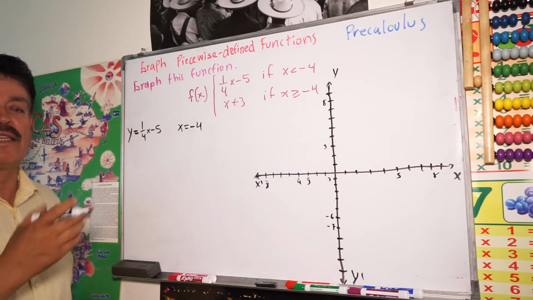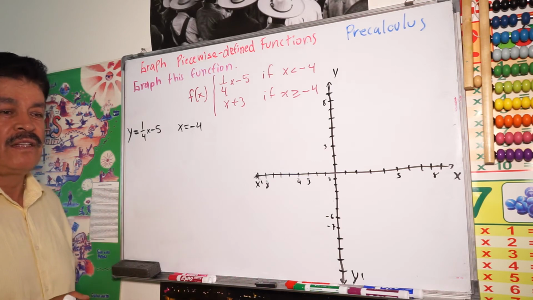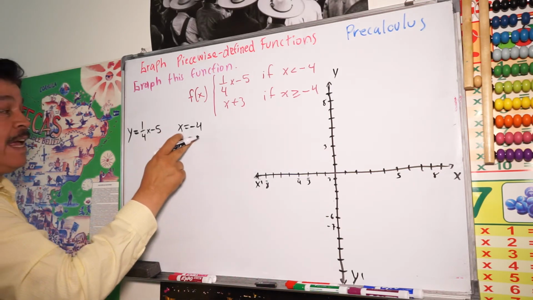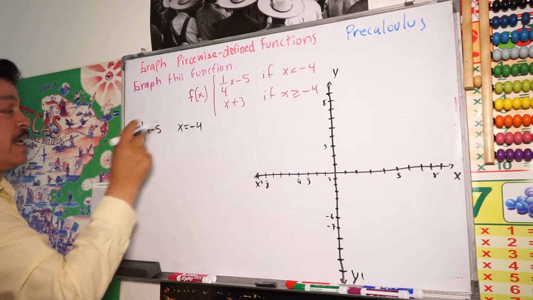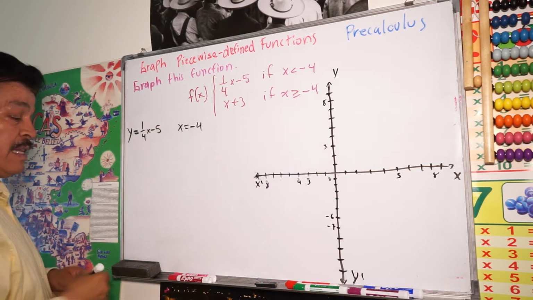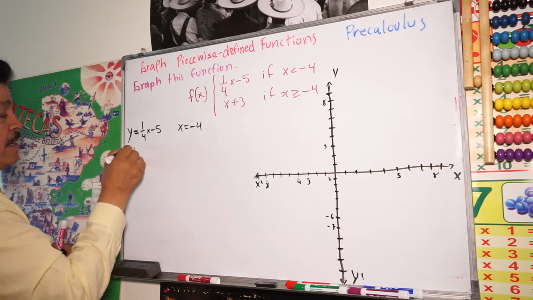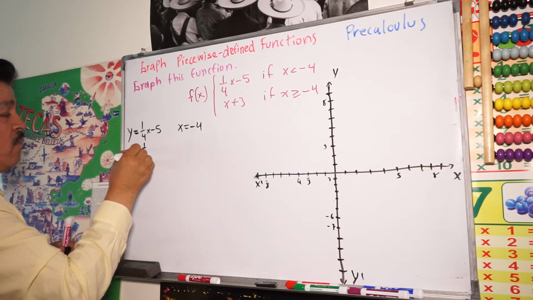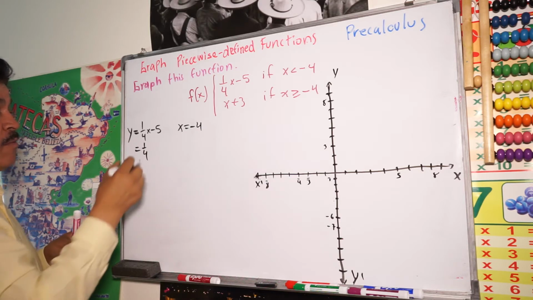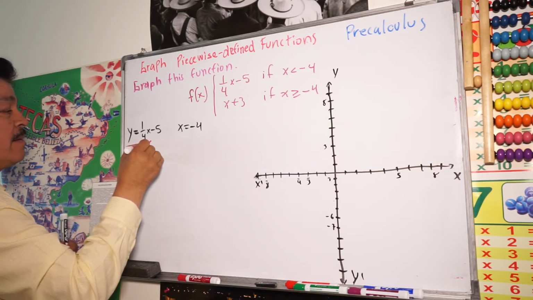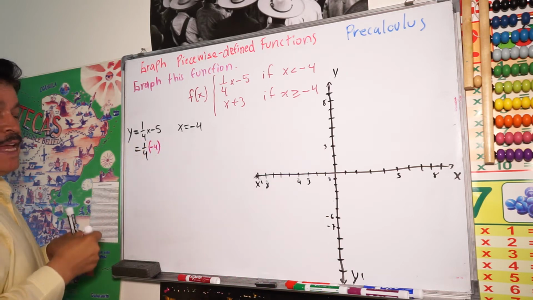Now, to find the right endpoint on this piece of the graph, we have to plug x equals negative 4 into the equation right here. So y equals 1/4 times negative 4, minus 5.